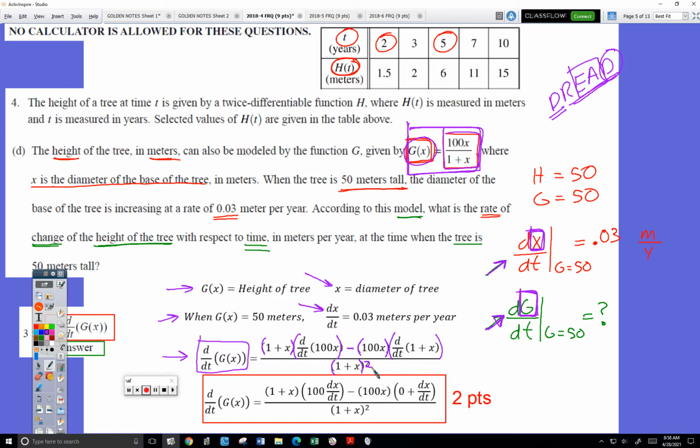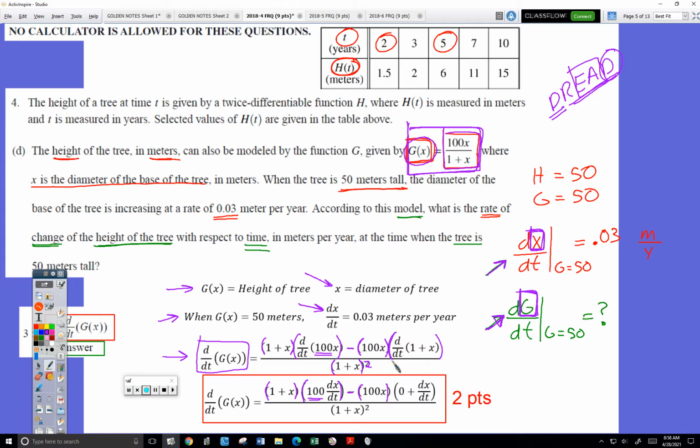Okay, working that out, 100 is a multiplying constant. So here it is. Now I would be left with dx/dt as you see here. 100 times dx/dt. Still have the 1 plus x multiplying. Then there's the minus again. I have the 100x again.